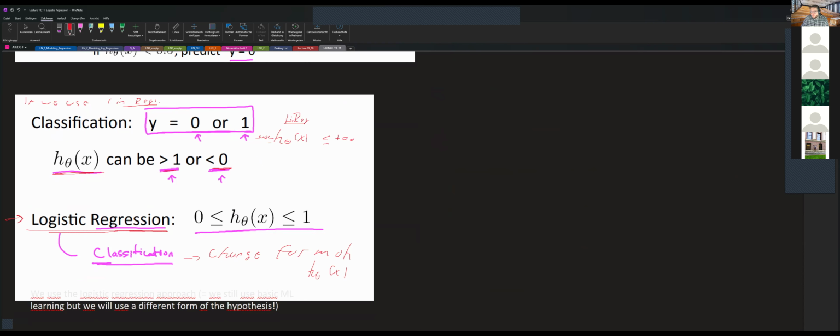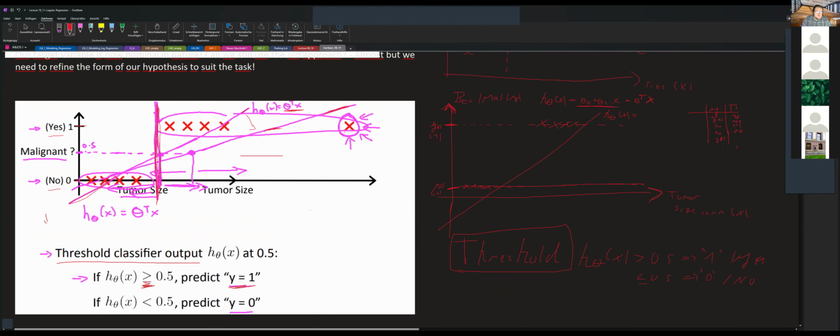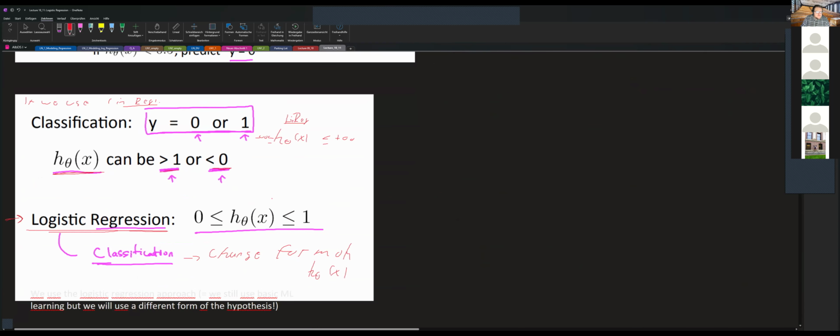This is really not what you want. It's too sensitive to outliers because we just care about the outcome here, right? So we don't assume that this thing is somewhere on top of you. It's still on the same lane. As I said, we only have these two lanes, right? So linear regression is not a good idea.